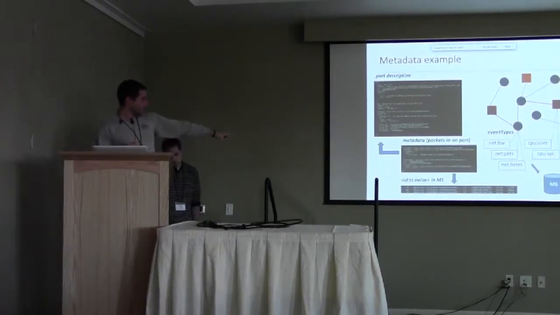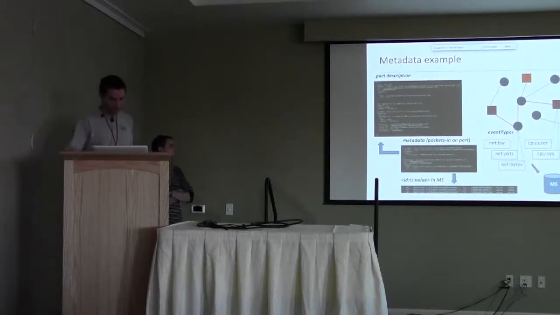And then the data in the measurement store just has an ID, which maps to the metadata, so that you can see, because since the data is just timestamp value pairs, you want to be able to see what that data is all about. So you can jump from the metadata ID in the measurement store to the metadata description in Unis, and then you can see the actual description of the port, what node it's on, what its capacity is, etc.